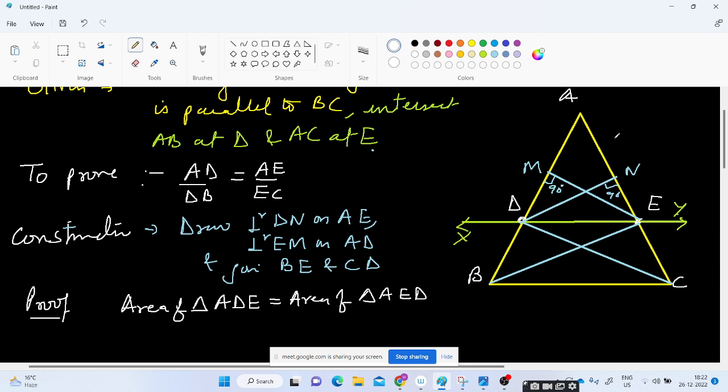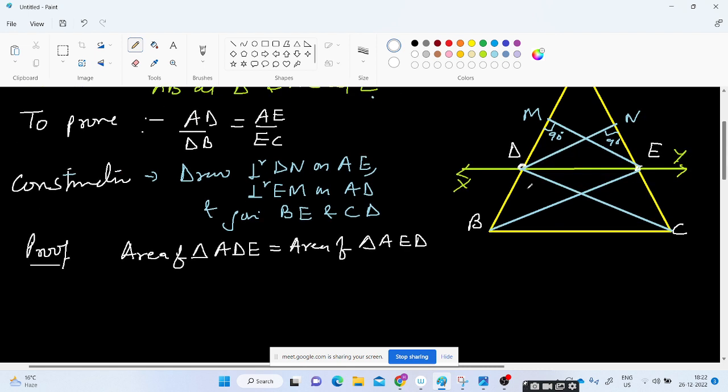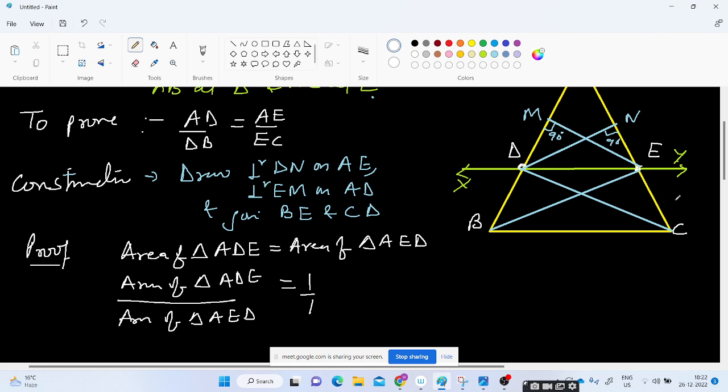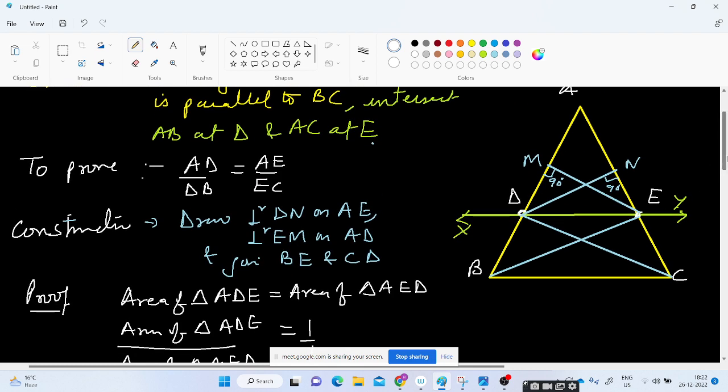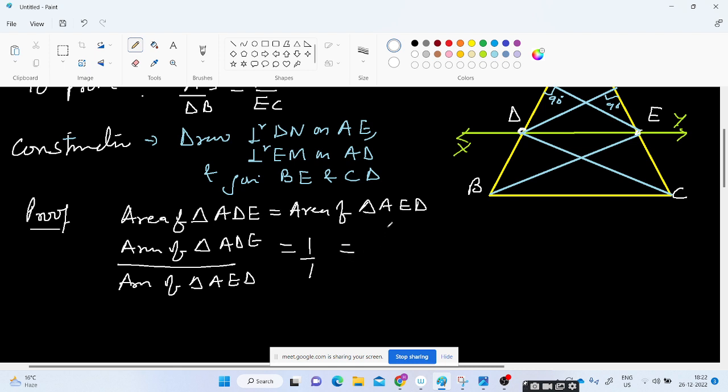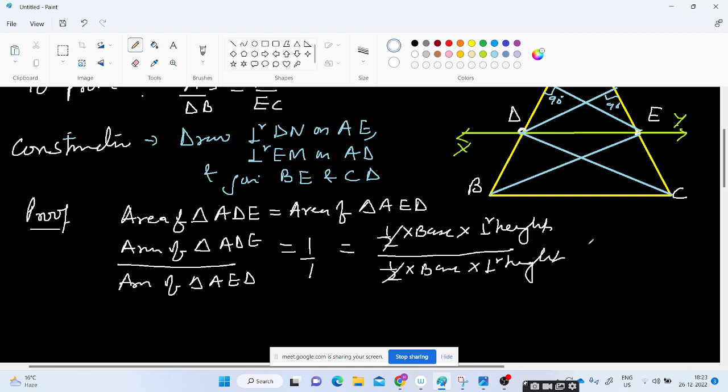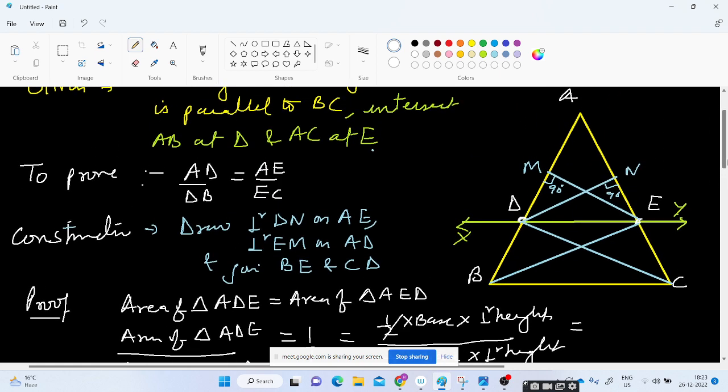If you divide it, area of triangle ADE upon area of triangle AED is 1:1. It equals half base into perpendicular height upon half base into perpendicular height. Half cancels out.